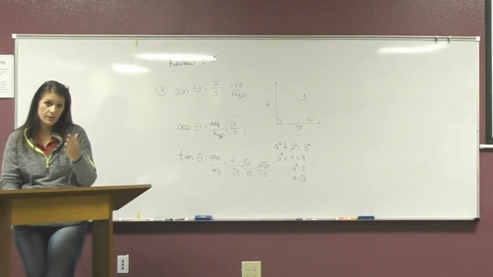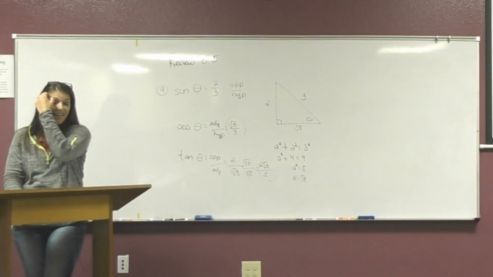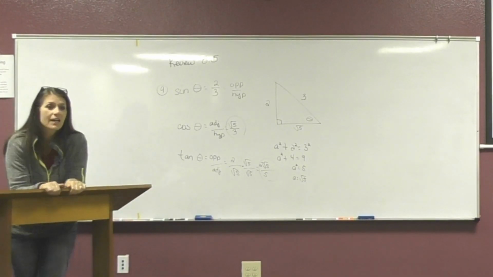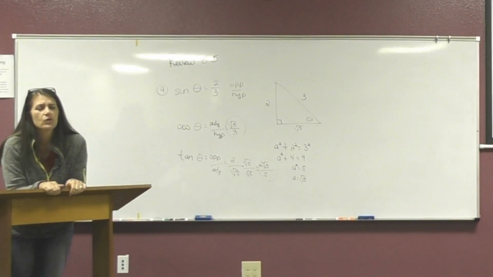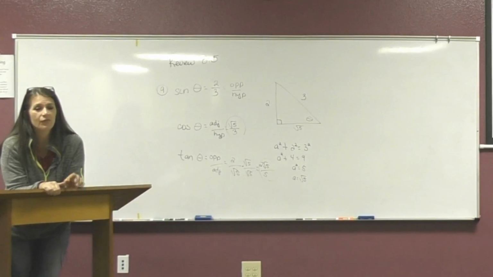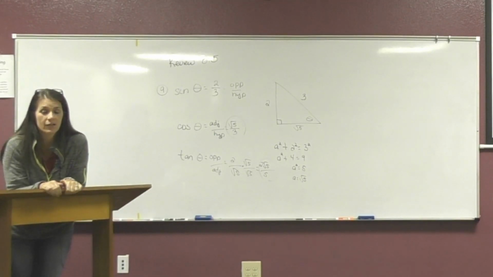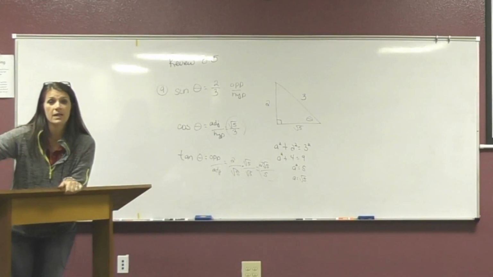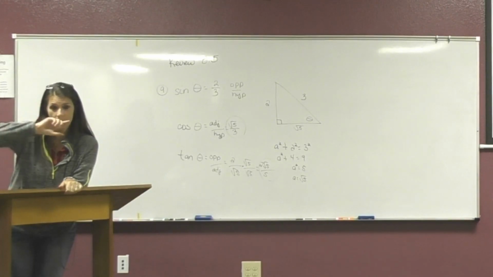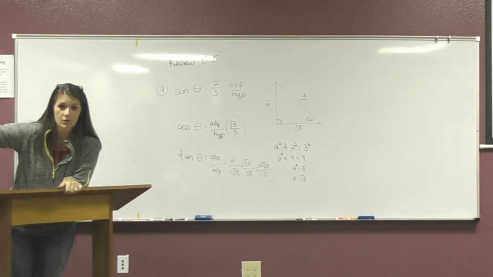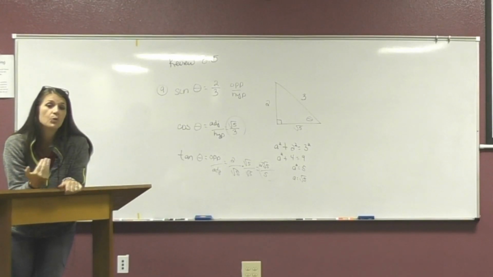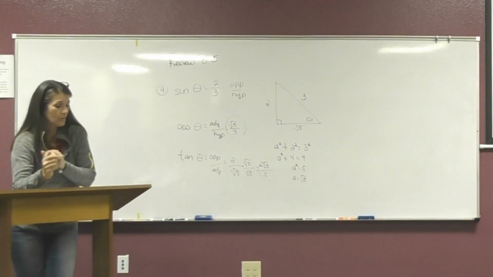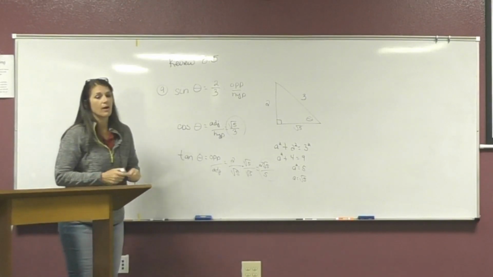That's it. Yes? I want to know if you can explain the equal sign and squiggly equal sign rule again. Okay. When you get the first answer in your calculator with the long decimal string of numbers, that's an equal sign because that's an exact answer. When you round, that is when you use the squiggly lines.